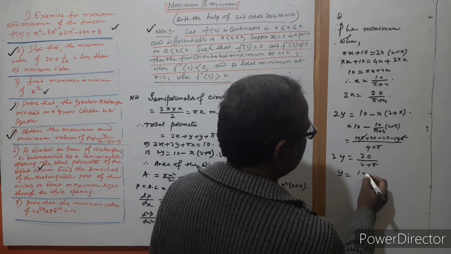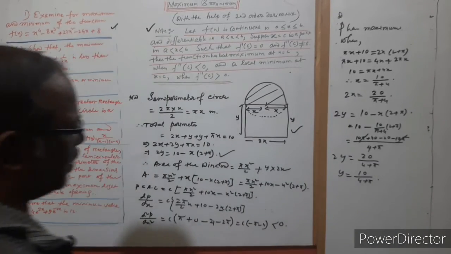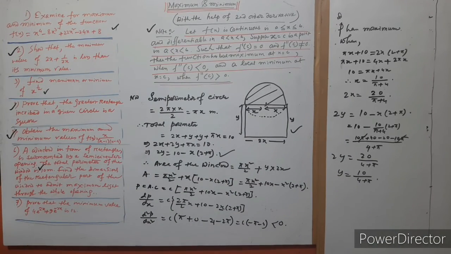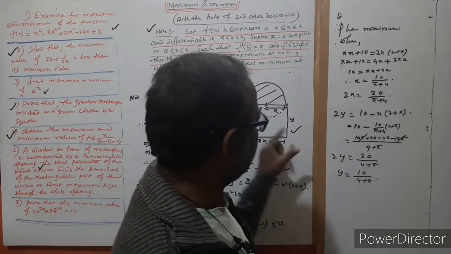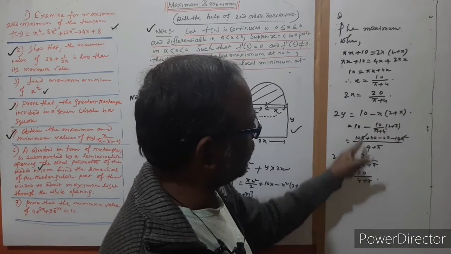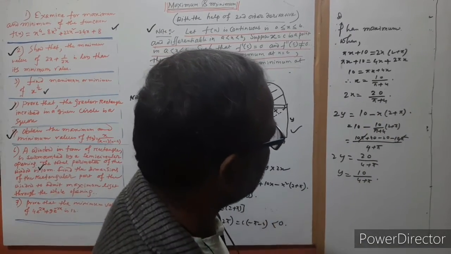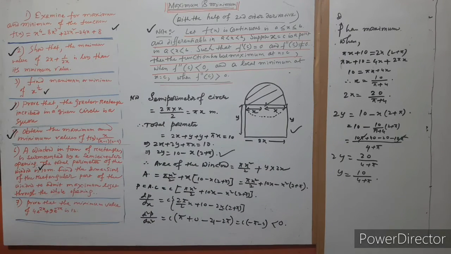Then y is equal to 10 by 4 plus pi. So this is your answer, and this is the dimension. Okay. So length is 20 by 4 plus pi, twice x is length. This is more than this, so you can assume that this is the length. Okay, and this is the breadth here when the maximal light is admitted.